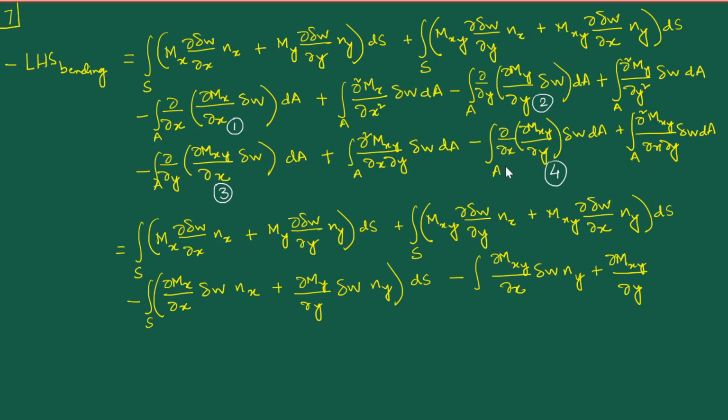So I'm talking about this derivative here and this derivative, the one outside the first bracket. Okay, so that is again a line integration, and all the terms that we're left with, I'll club them together because all of them are area integrations and all of them have as their coefficients this delta w.